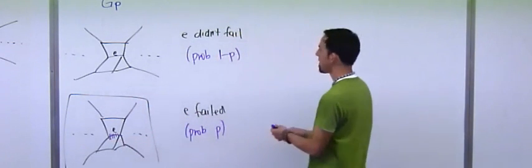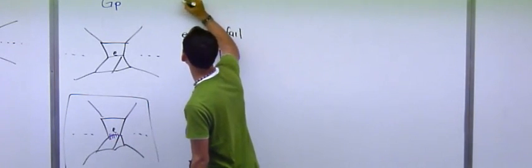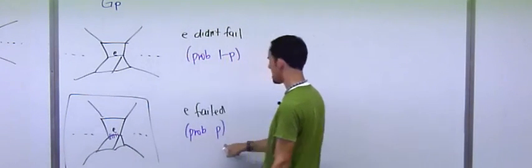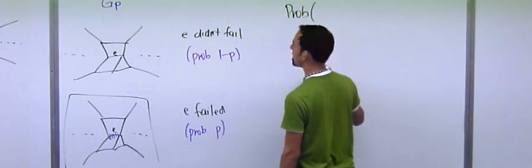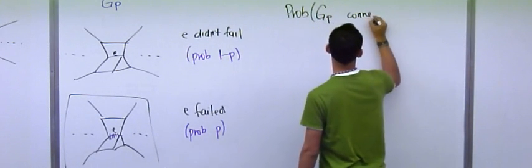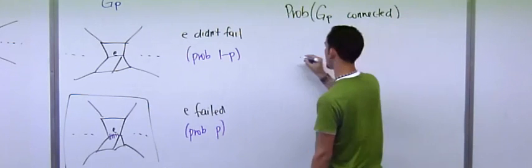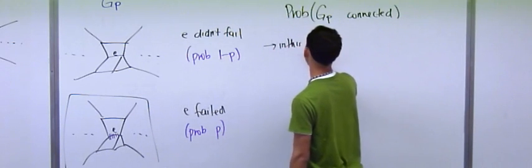Okay. So the probability that this happened is 1 minus P. The probability that this happened is P. And what is the probability that G sub P is connected in this case, and in this case?